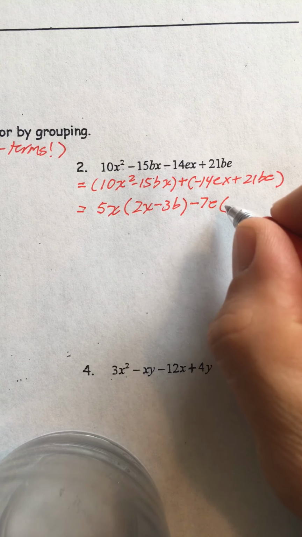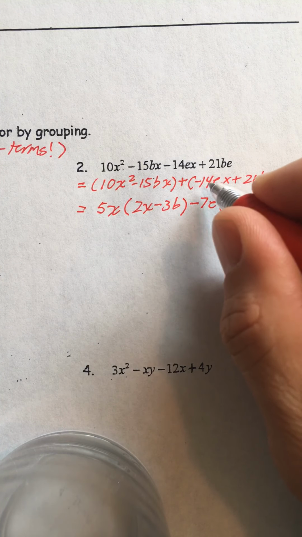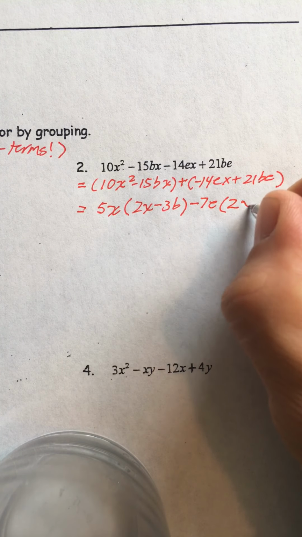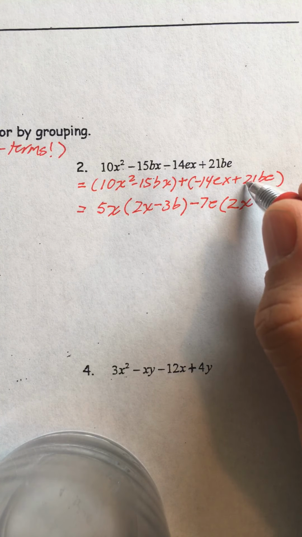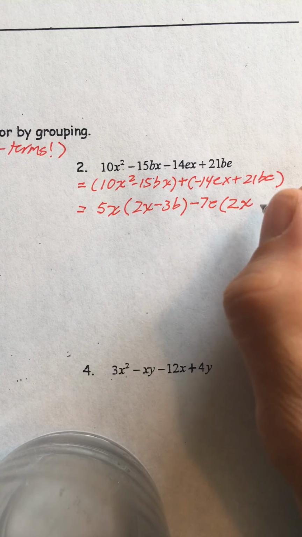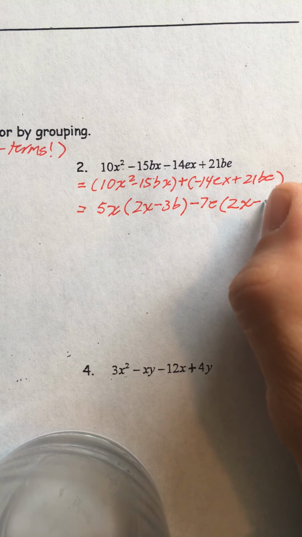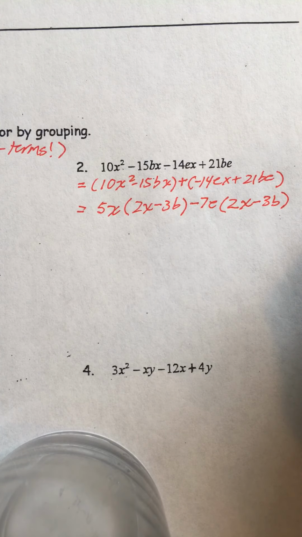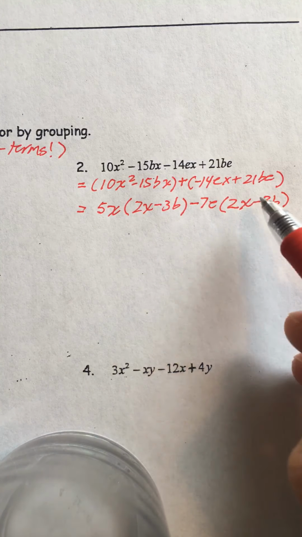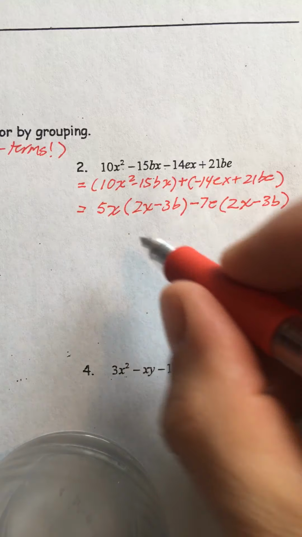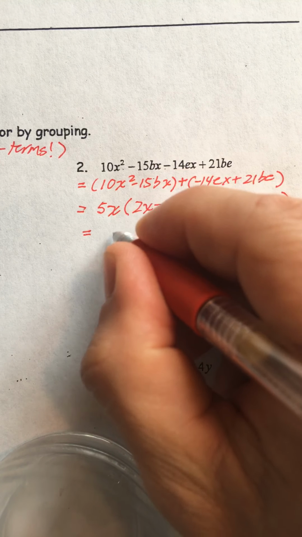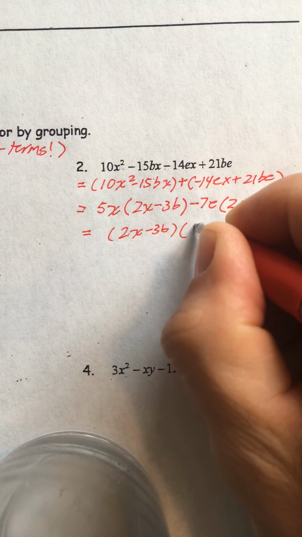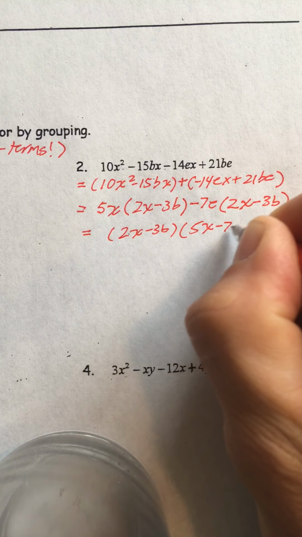That would change all the signs. So this negative 14 would become a positive 2, also leaving an x. And this positive 21 is now going to become a negative 3, leaving us with also the b. And if we look here, we can see I have two common binomials that I'm going to factor out. And what's left is 5x minus 7e.